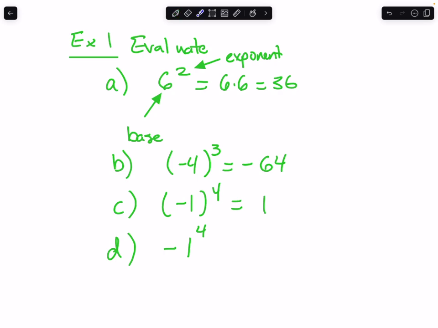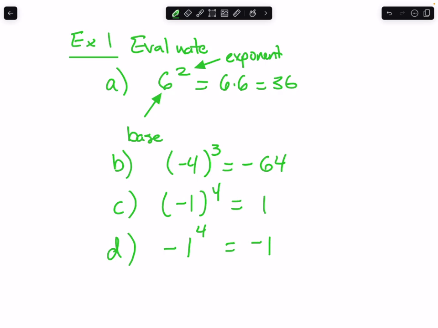So we're actually considering 1 to the 4th first. Well, 1 to the 4th power is 1 times 1 times 1 times 1, which is just 1. But then we multiply it by negative 1, so our final answer is negative 1. Okay, that sort of gives us an idea of a concrete example using exponents.